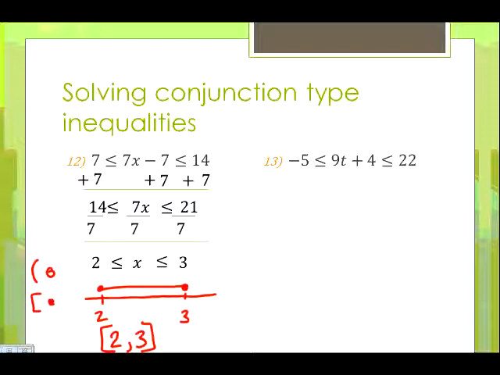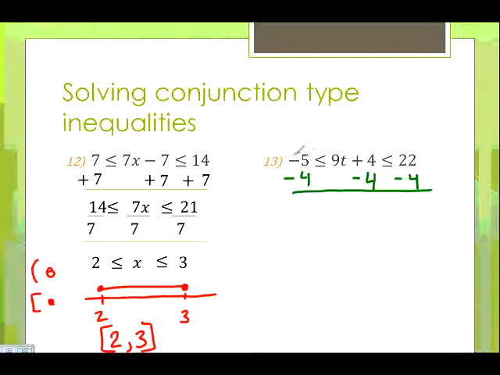Let's go ahead and try another example. Problem 13 up over here says negative 5 is less than or equal to 9t plus 4, and that is also less than or equal to 22. So following our last steps, I got rid of the constant first, doing the opposite sign. In this case, that means subtract 4 from all three parts, left, middle, and right.